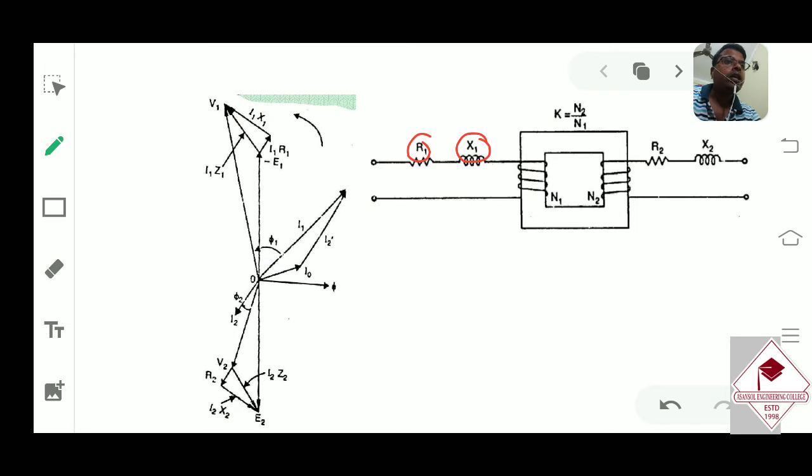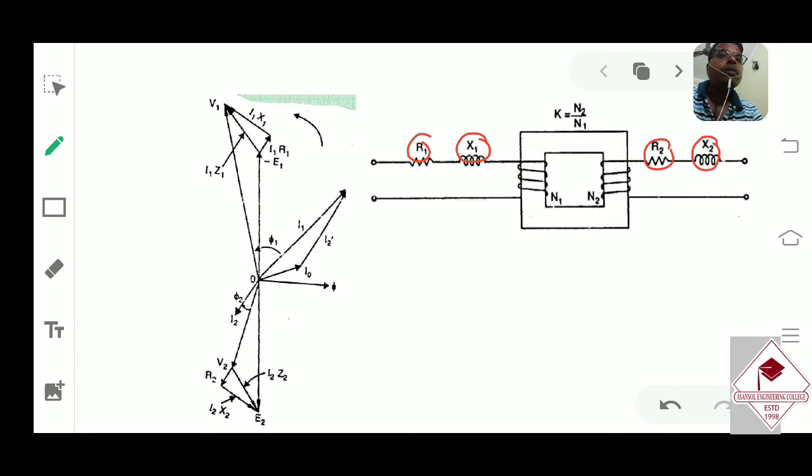Here X1 in the primary and X2 in the secondary are the two inductors introduced for the leakage flux, which actually happens in practical transformers. R1 is the primary winding resistance and R2 is the secondary winding resistance, because any conductor has certain resistance. So this is the practical case.